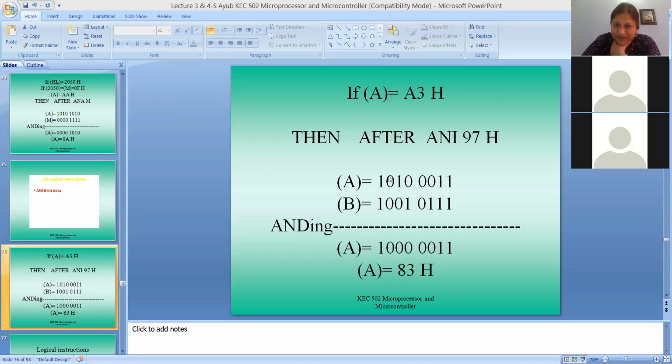If you take this A3 like this and 97 will be written like this, then bit by bit the ANDing will be done. The new result will be 83, and this result will be stored into the accumulator.